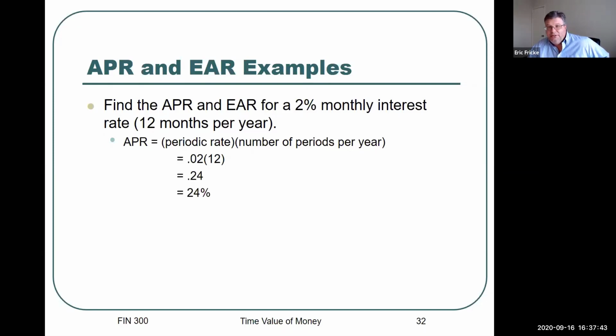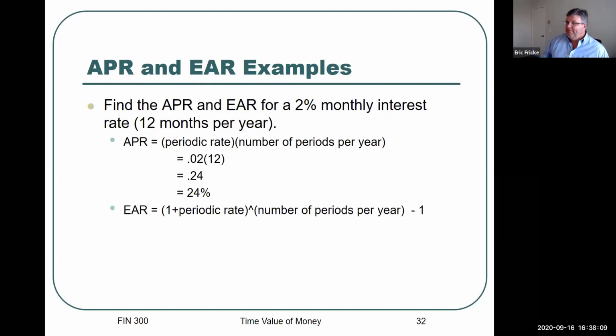So the APR of a 2% monthly interest rate is 24%. And again, that is what banks, loan companies, and credit card companies will communicate to borrowers. Or if it's a savings account, that will be what they tell you your savings account will pay.